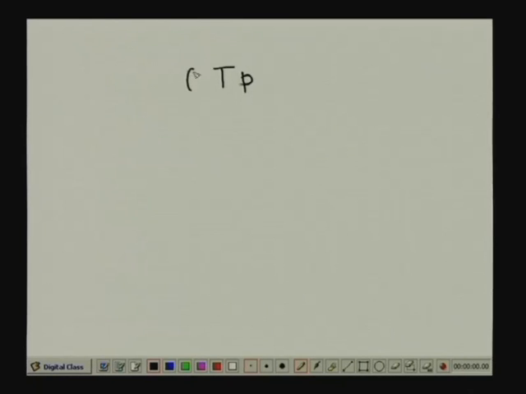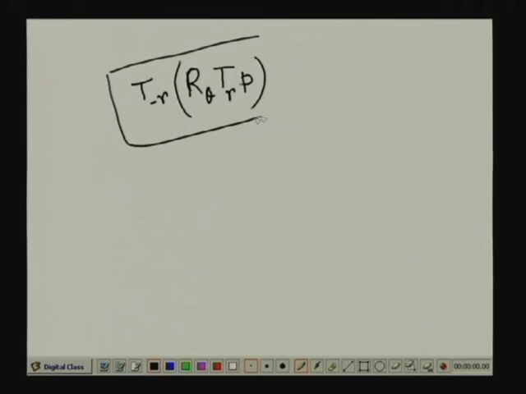So, this is your transformation, say R theta. First we translate by a vector, say r, then we perform a rotation by R theta, and after doing this, whatever point I get has to be translated back by minus r. So, I will put it as translation by the vector minus r.